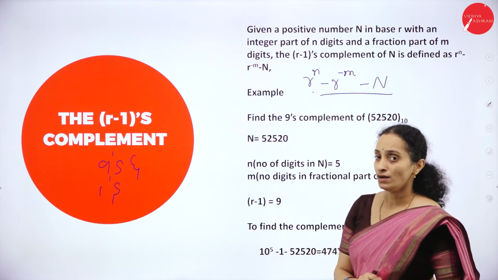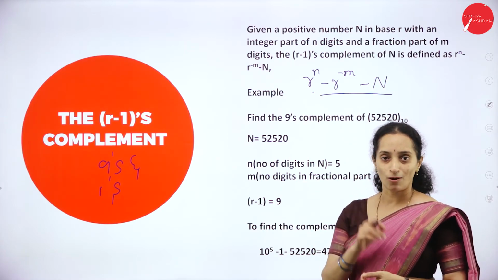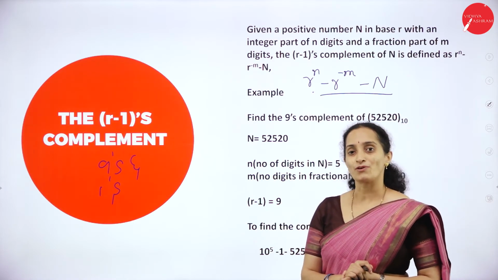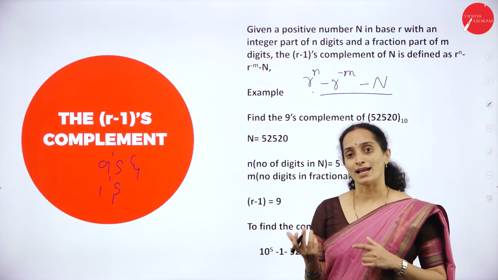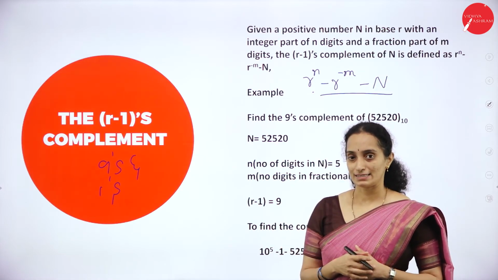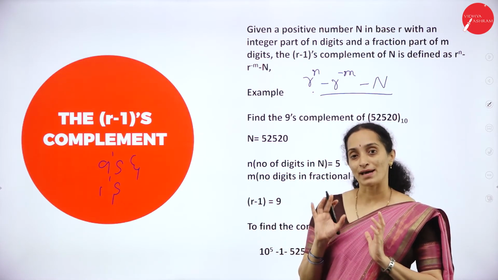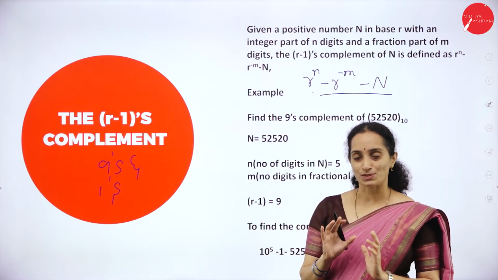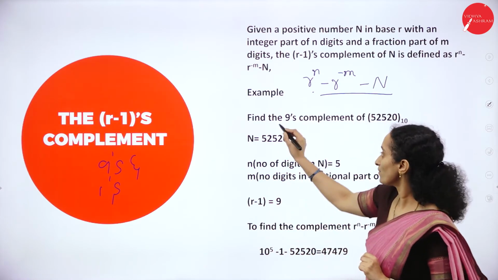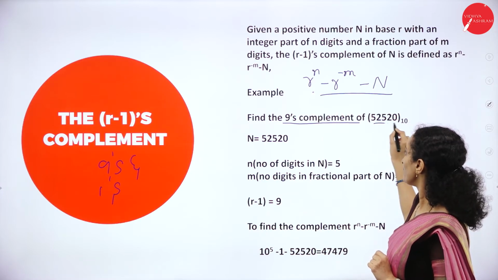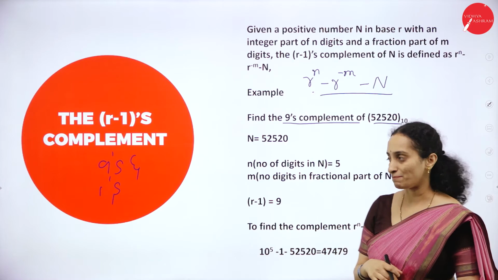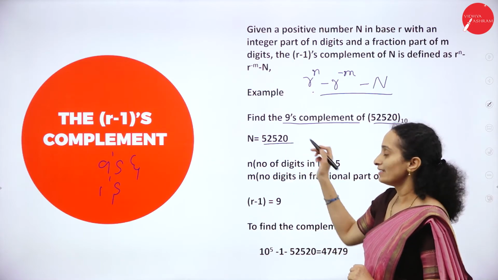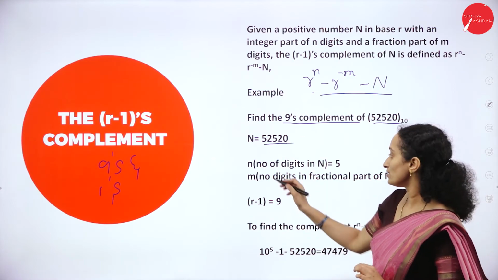Now, we shall look at the answer when you generate the result in R minus 1, that is 10 minus 1, the 9's complement. Find the 9's complement of 52520.